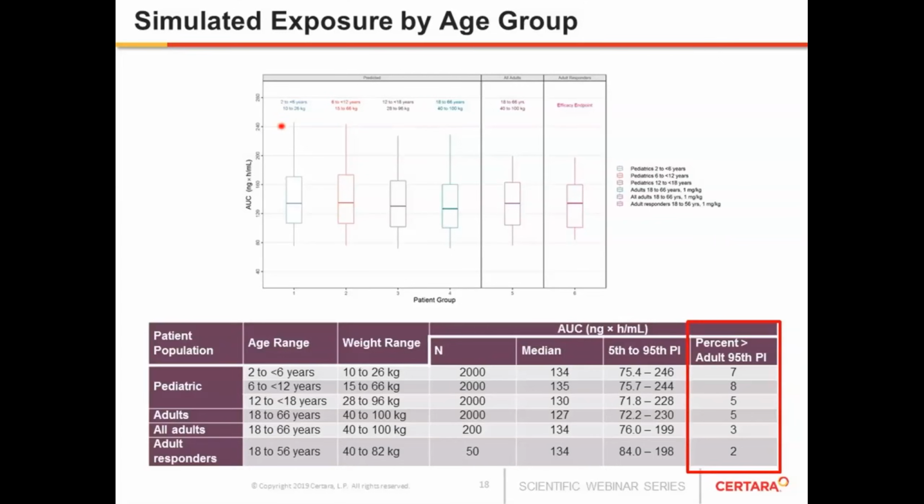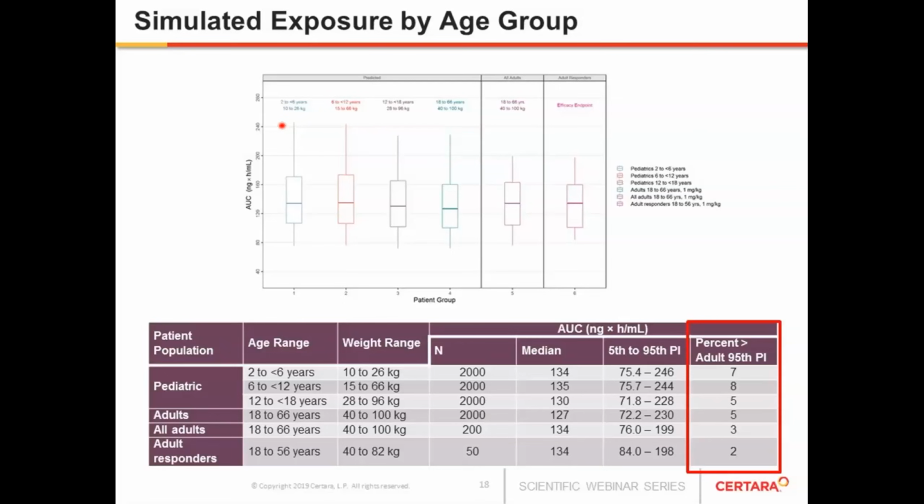So for the first age group, which is 2 to 6 years old, the weight range is 10 to 26 kilogram, which means that patients in this group could be getting different doses. Subjects less than 20 kilo and those higher than 20 kilo will be getting the higher dose, which is 1.2 milligram.